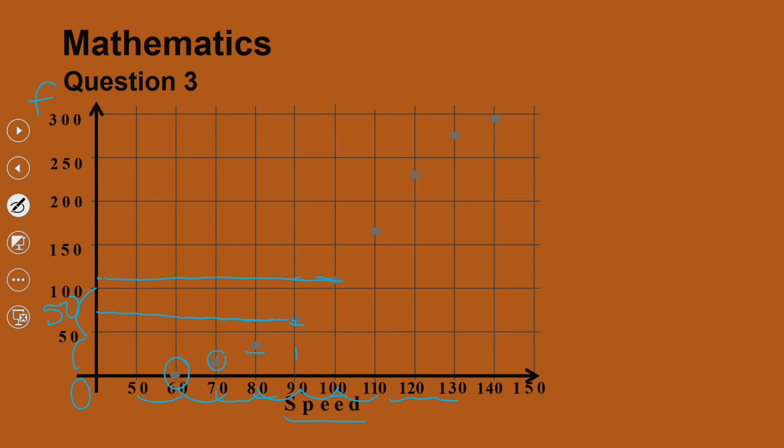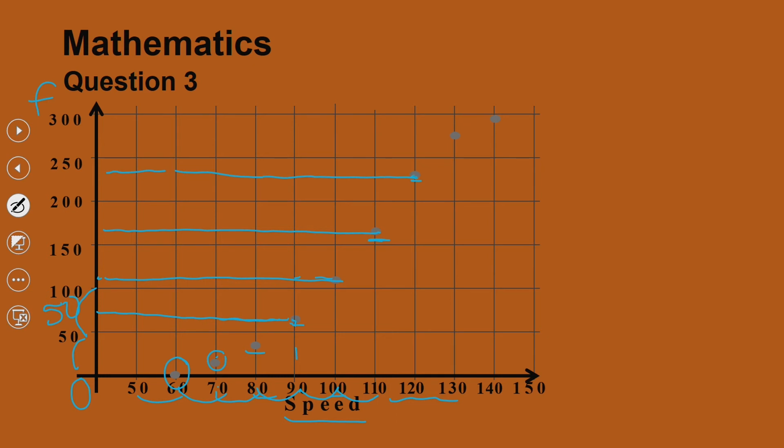Then we can proceed from 100 to 110. What do you realize? It is 161. Yeah, absolutely. So 161 is approximately there. And then we can go and look at the next point. It is 229. Yes, absolutely. 229 is around there.